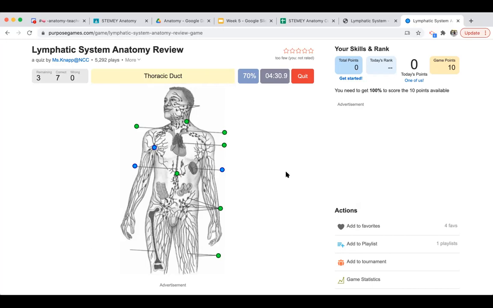So where's your thoracic duct? We talked about this a lot with the left drainage system. I've got left second and left third. What do you guys think? This one or this one? Okay, I got another one for third. Yeah, that's correct. Your spleen, that's an organ, not a node or a duct.